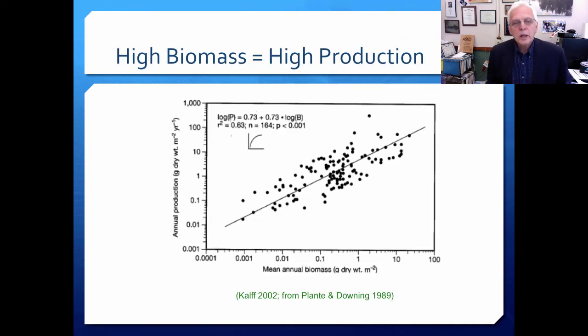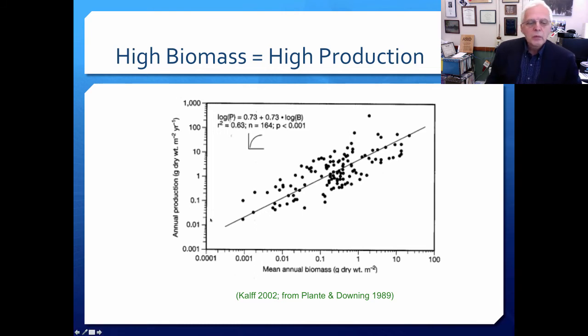Now, a high standing biomass usually gives us high production. We see the same thing assumed for primary production, right? Because we always say primary production increases with chlorophyll A concentrations in phytoplankton, and those chlorophyll A concentrations are a surrogate measurement of biomass.